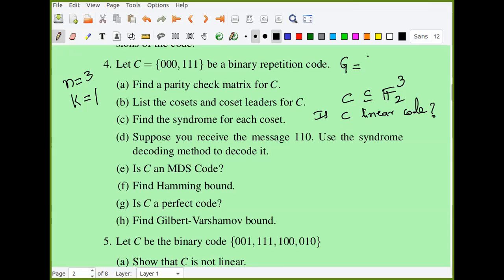So what is the G matrix now? Can you tell me? 1 cross 3. Only one row. What is that? Yeah, Mehak.